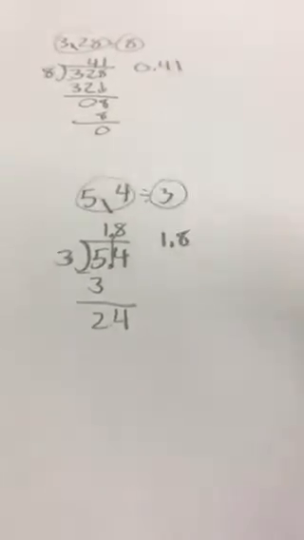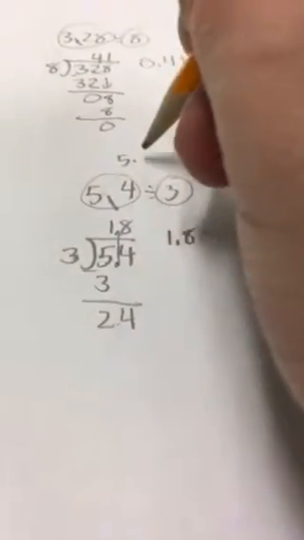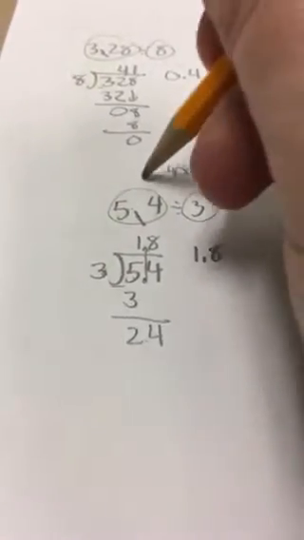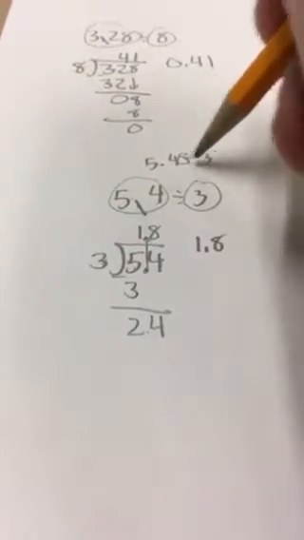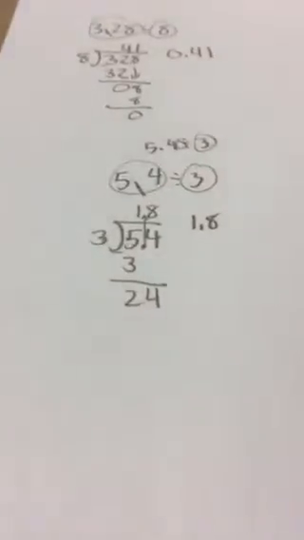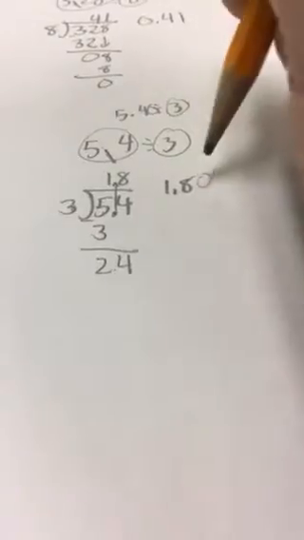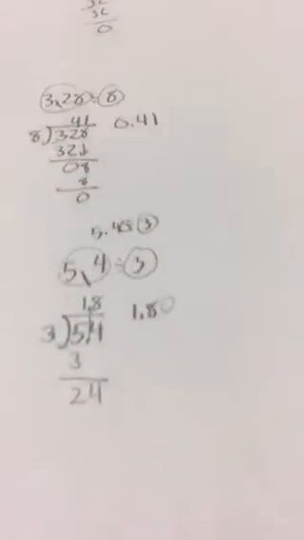Or you can think about it like this: if you eyeball it and estimate it, turn this into money, you had $5, a little over $5, and you split it 3 different ways, you'd get a little bit over $1, or close to $2. So it would be 1 and 8 tenths.